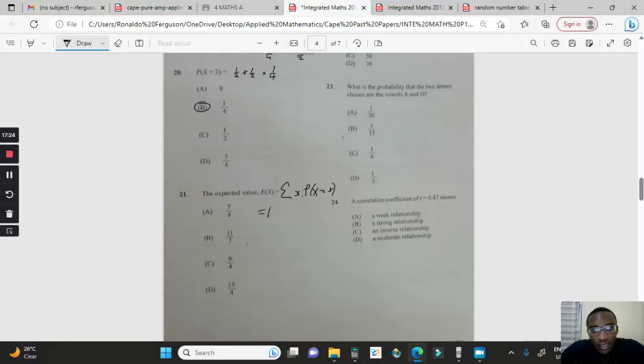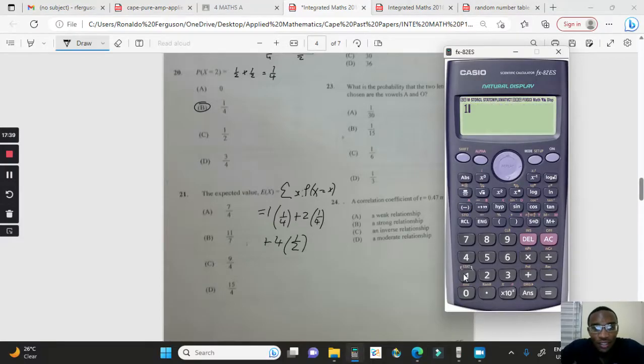So in this case, it's going to be 1 times the probability of x equal to a quarter, plus 2 times a quarter, plus 4 times the next one, which would be a half. Now put that in the calculator. 1 times quarter plus 2 times quarter, sorry, plus 4 times half.